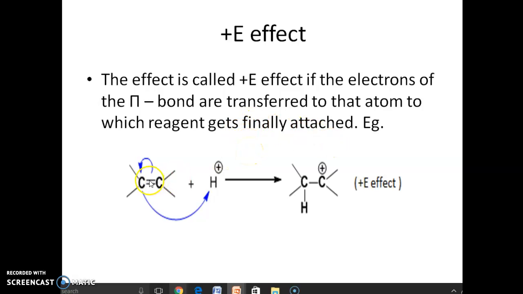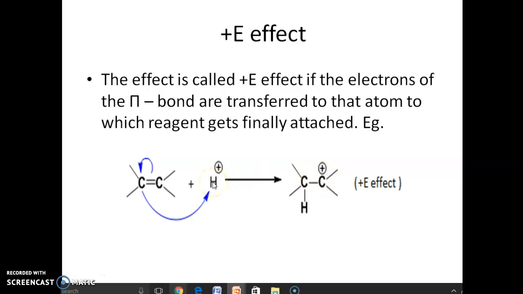For example, if hydrogen is added to the double bonded carbon atom in alkenes, the hydrogen gets attached to one carbon, and as a result a positive charge is created on the other double bonded carbon.